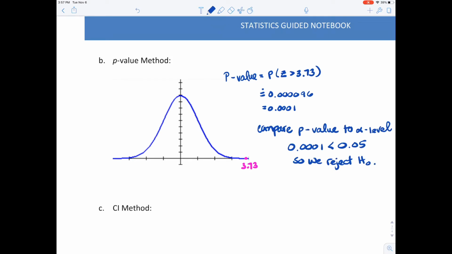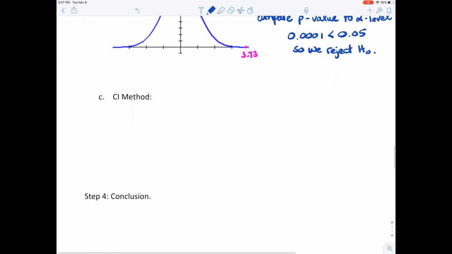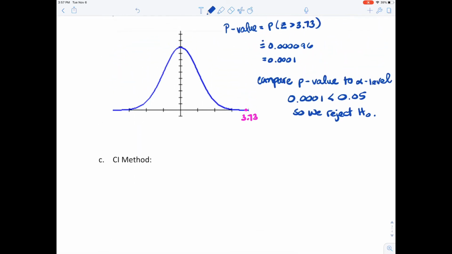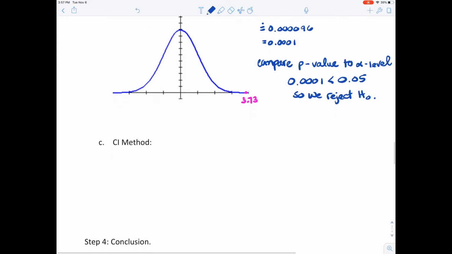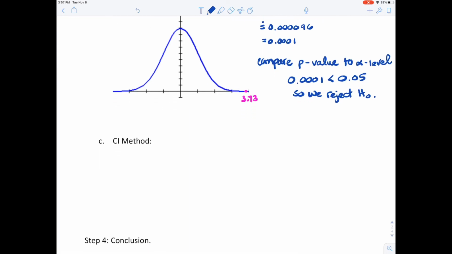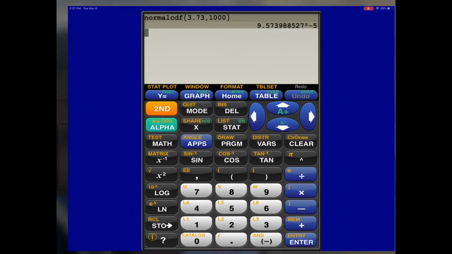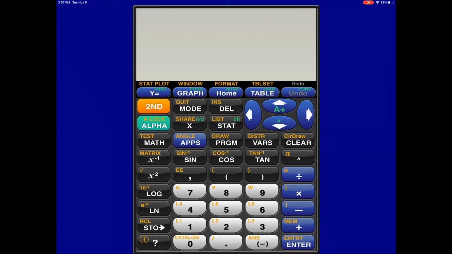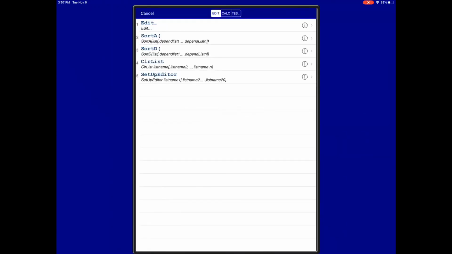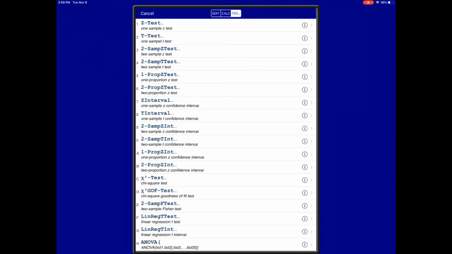Confidence interval method. So in the previous section, you'll have to just go watch it if you never watched it. Actually, 2 sections ago, we found the confidence interval. I'll show you how to do it using the technology, all right? So utilizing the technology, to get this confidence interval, we would go to stat, okay? And then in stat, we got to go to test.